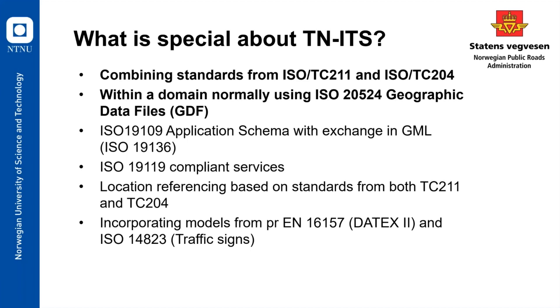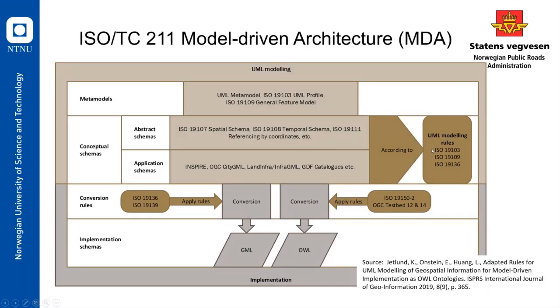This is an illustration of how the standardization work in ISO TC211 is done, and it's based on what we refer to as a model-driven architecture. In model-driven architecture, we have different levels of abstraction for the models. We have some meta models at the top here that describe how we create models.